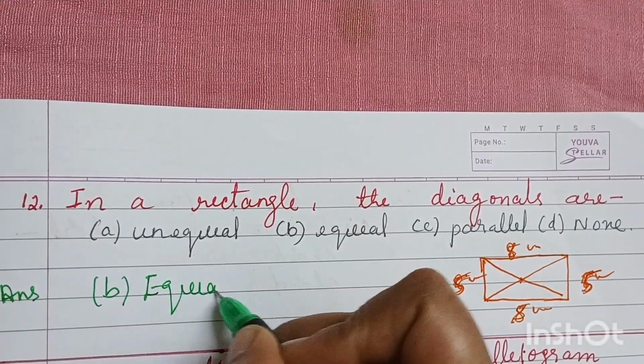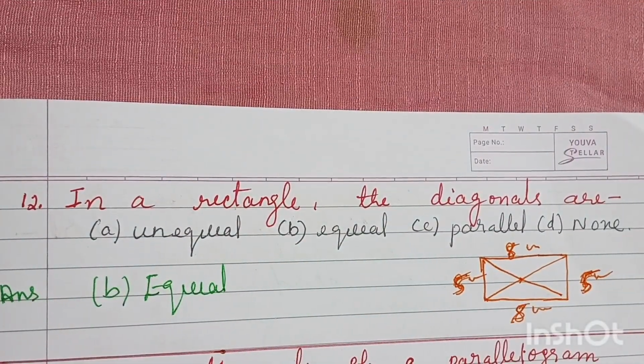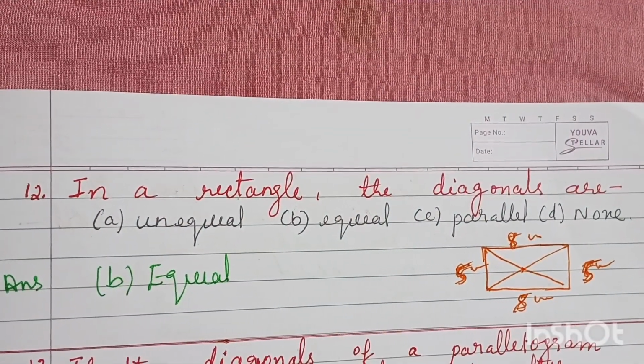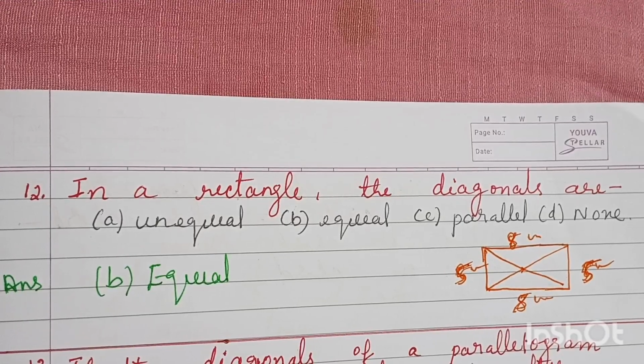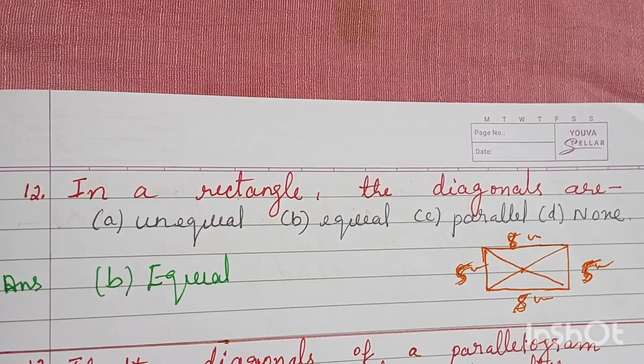Learn all properties. Make one notes and write all properties of rectangle, square and rhombus. Then write the surface and volume chapter, all formulas. And the exponent chapter, laws of exponents formulas, a to the power m.